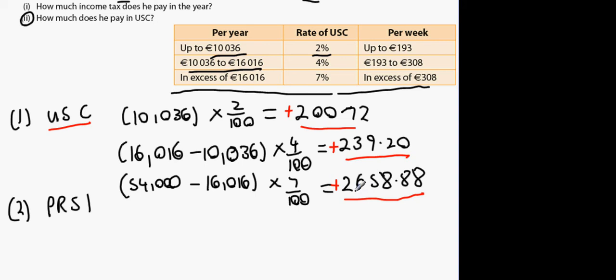So we're just waiting for the addition here. 3,098.80. Okay, so that's our USC charge.